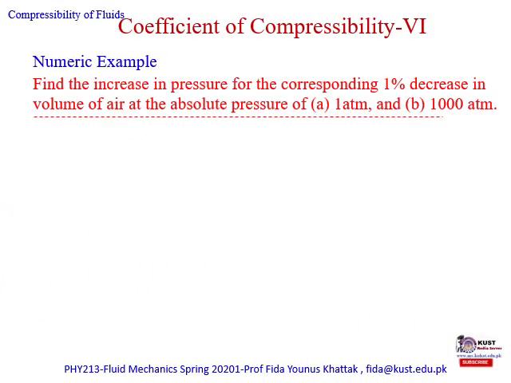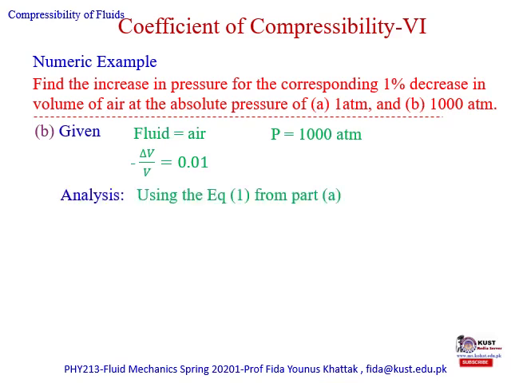Now let us see how much pressure would be required in order to have the same 1% decrease in the volume of the air at 1000 atmospheres. Once again, the given data is pressure is 1000 atmospheres and the fluid is air, and the fractional change in volume is 0.01.